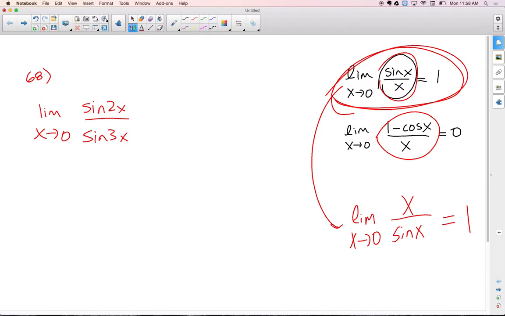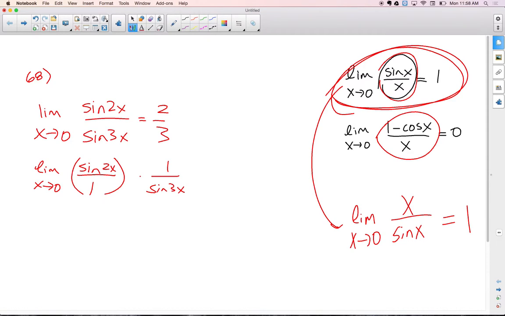All right, so here's what you can do. I want to get sine 2x over 2x. So I'm going to kind of split it. I'll show a lot of work here, even though I don't need to. I know the answer is 2/3. You should just be able to look at it and see it's 2/3. But here's why. You get sine 2x, and then the other part, 1 over sine 3x.